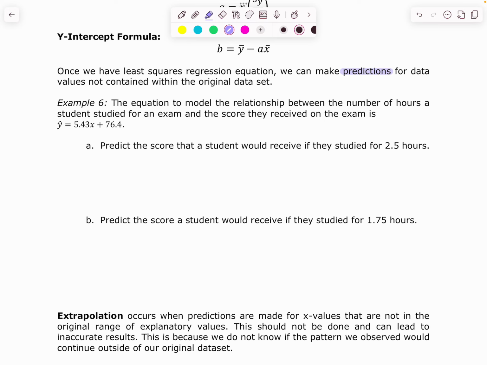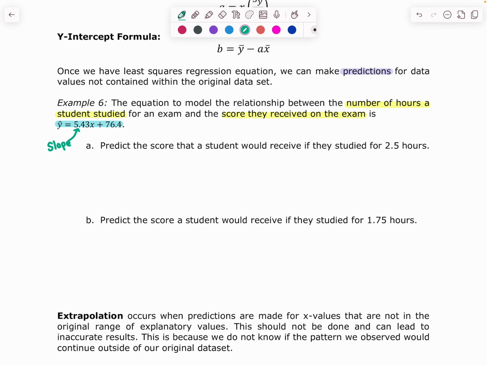So in this example, we created an equation to model the relationship between the number of hours a student studied and the score they received on the exam that they were studying for. And that equation is y hat equals 5.43x plus 76.4. So 5.43 is the slope.